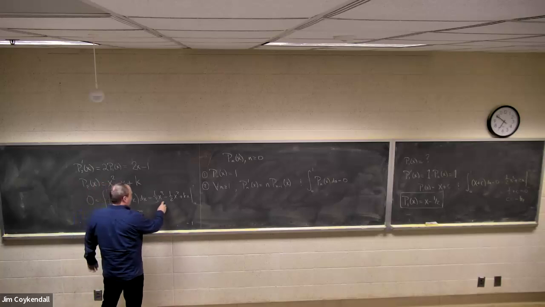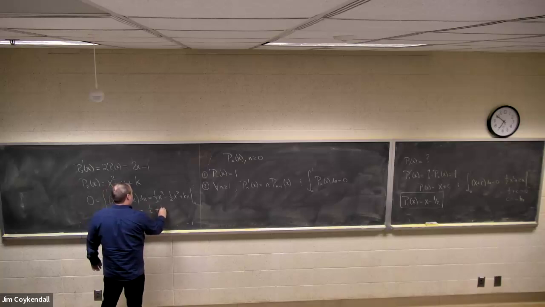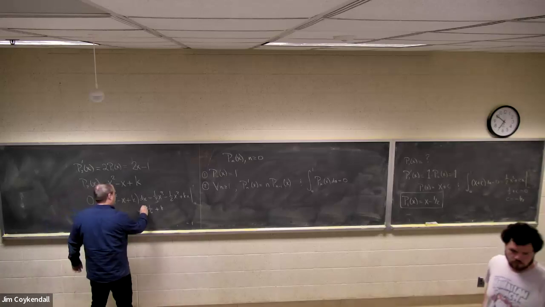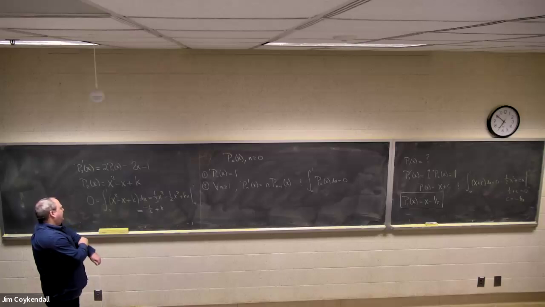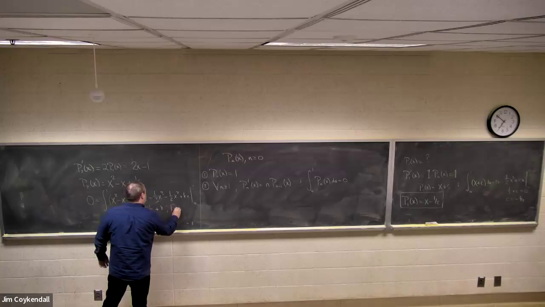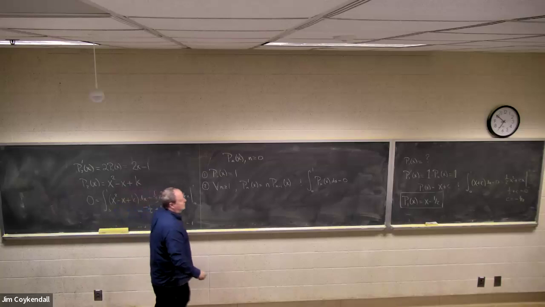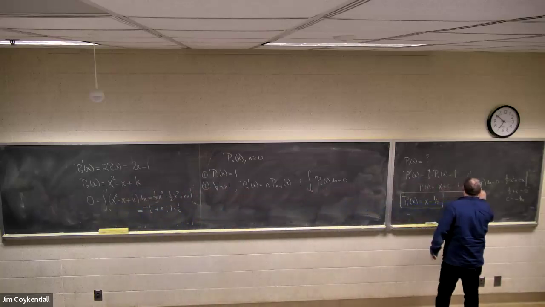And that comes to 1/3 minus 1/2 plus K. That's actually minus 1/6, so minus 1/6 plus K. So I get K equals 1/6. So I'll put this over here in case we need it later.